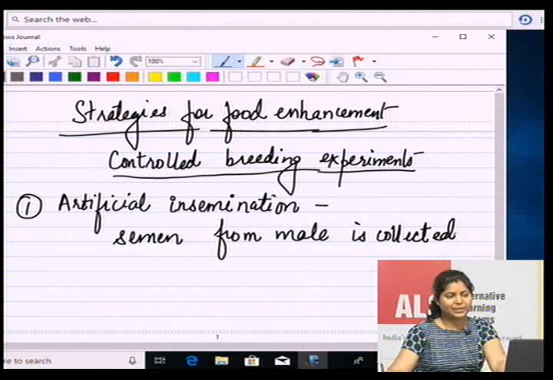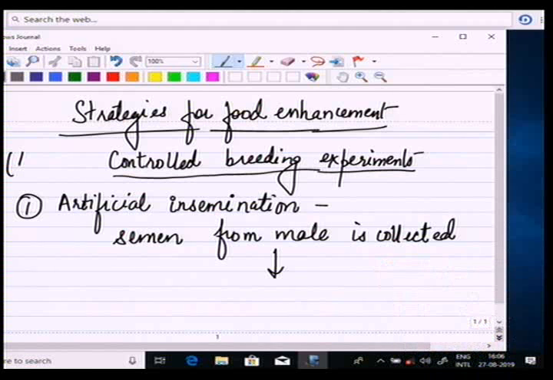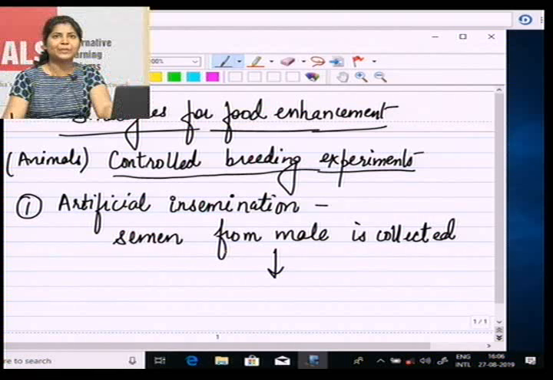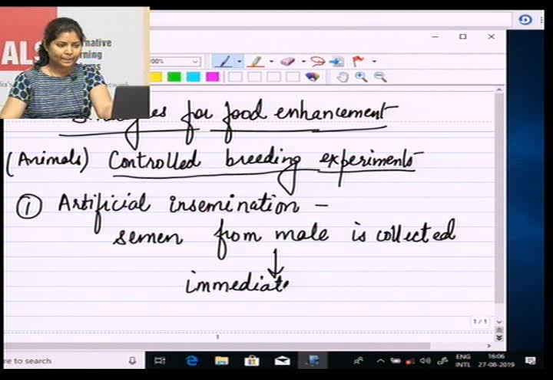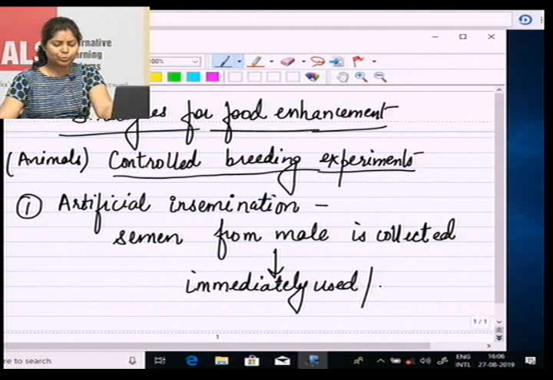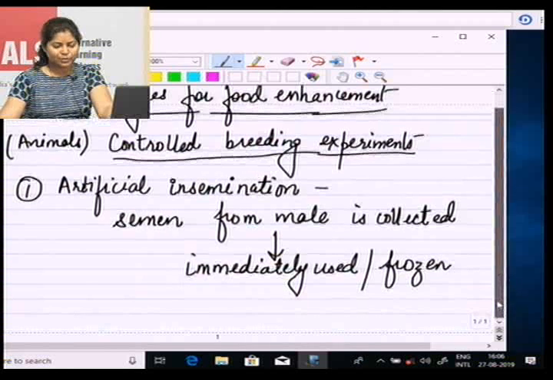Obviously, male here means we are doing something for animals. So it is a bull, it can be a male animal. So this is exclusively for animal breeding. We have collection of semen from the male, and that can be either immediately used or frozen for future purpose.